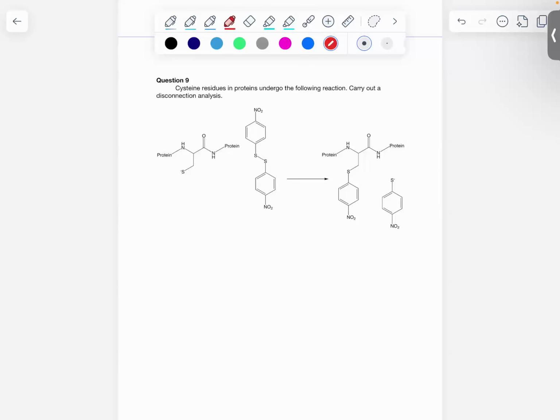We will do a similar thing with question 9, looking at cysteine modification, where we are going to break this disulfide bond. And this homework actually has an error in it. There should be another S right here. And so this is the new bond formed. And we can also draw out all of our star species.